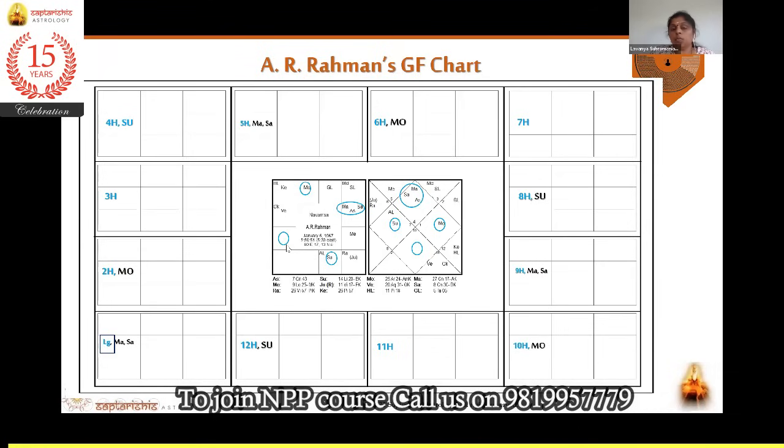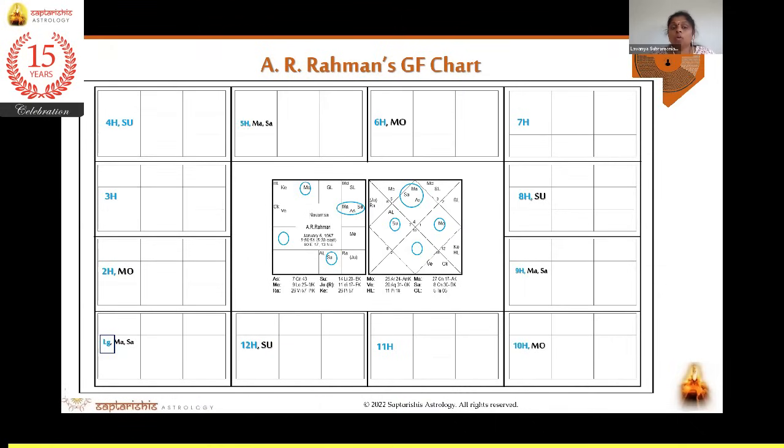And there are no planets in the 7th house. So there is no effect of planets on the 3rd house, 7th house and 11th house. So are we saying that there is no planetary influence on these houses? No. We will be working on the natal placements.